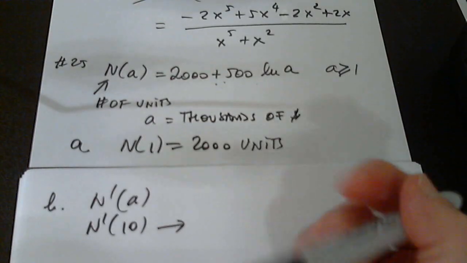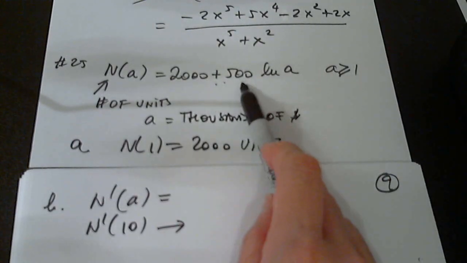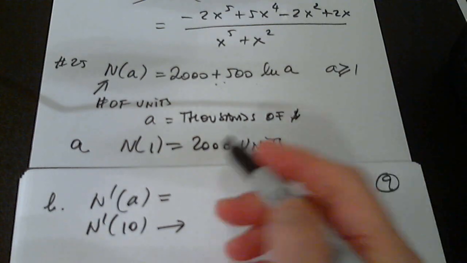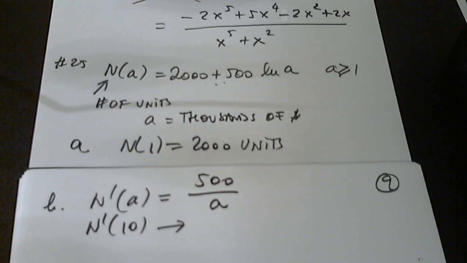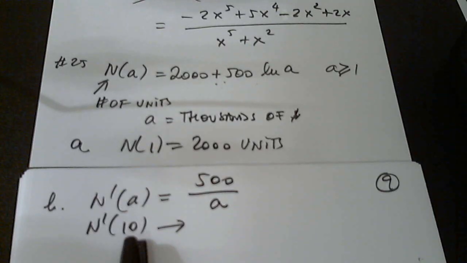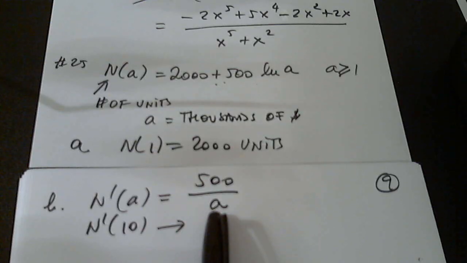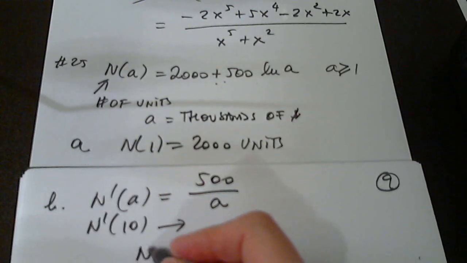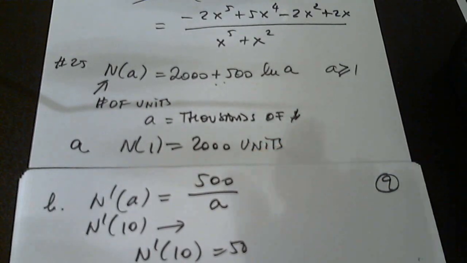So let's find first of all N prime of A. The derivative of 2,000 is 0. This is 500 times natural log A, so it's 500 over A. The derivative of natural log A is 1 over A times the inner function prime, which is 1. So now in order to determine N prime of 10, all I have to do is replace A by 10. So then N prime of 10 equals 50.